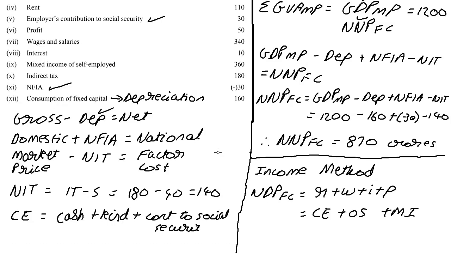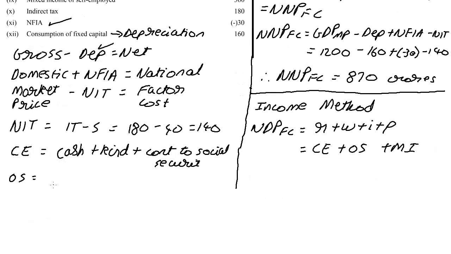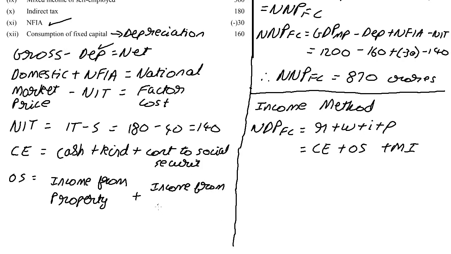Then, as far as operating surplus is concerned, we have a sub-formula for operating surplus, which is income from property plus income from entrepreneurship.